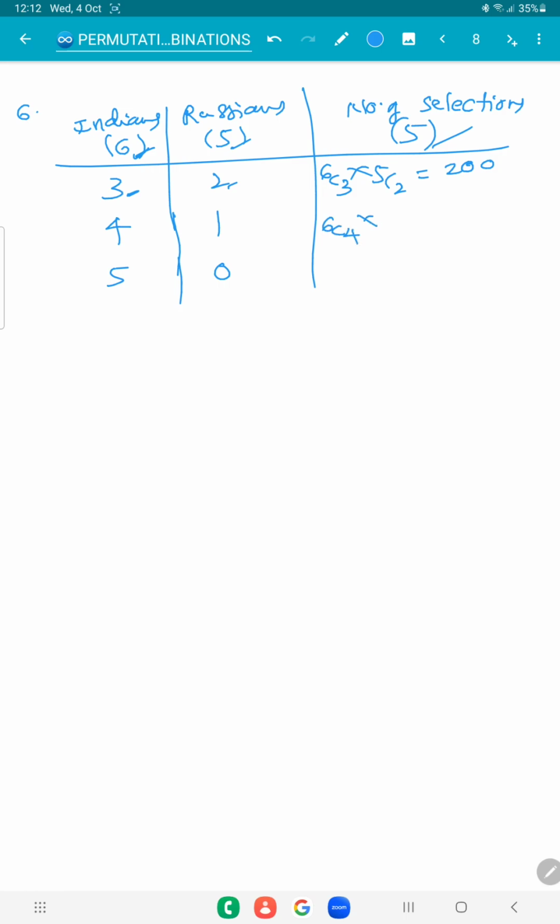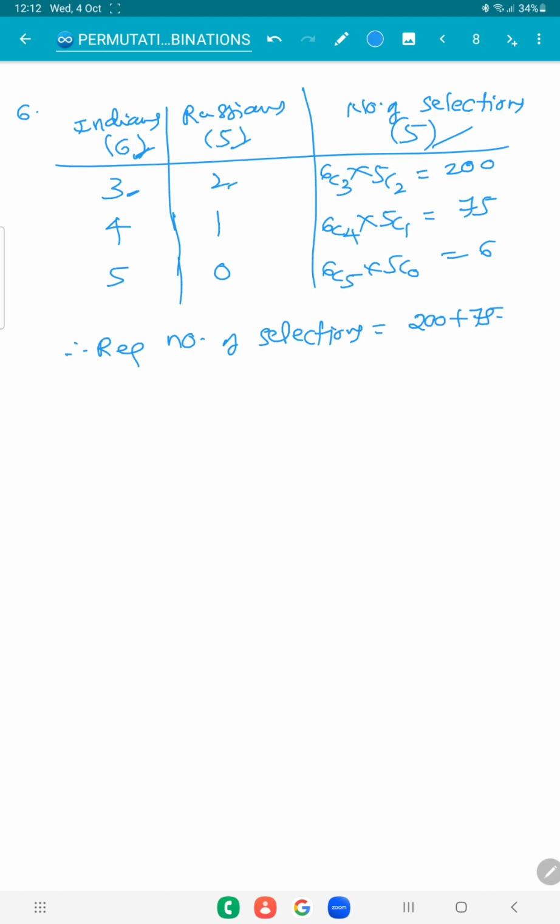Similarly 6C4 into 5C1, that is equal to 75. 6C5 into 5C0, that is 6 only. So the required total number of selections is 200 plus 75 plus 6, 281.